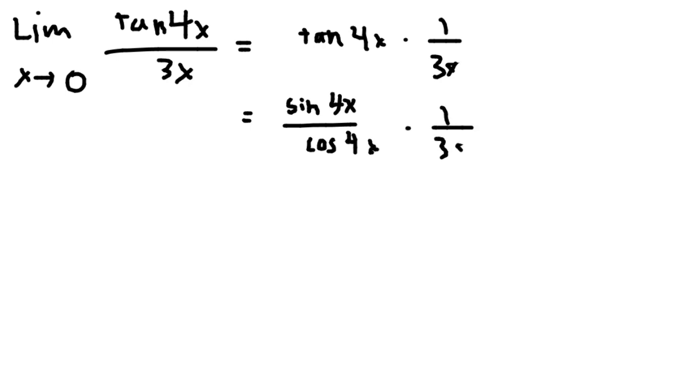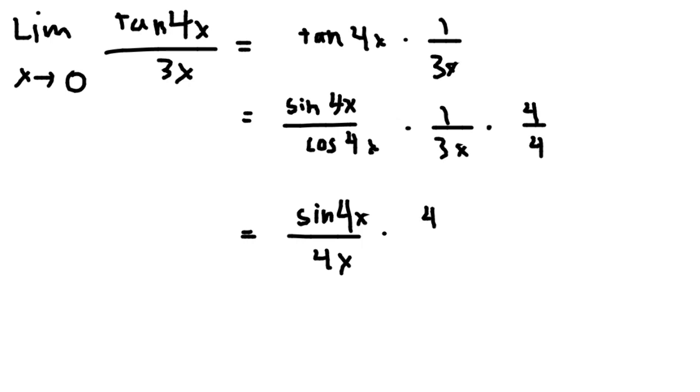So that's going to be sine 4x over cosine 4x times 1 over 3x, and multiply this by 4 over 4. So we can just replace the denominator. What we can have is sine 4x over 4x here.